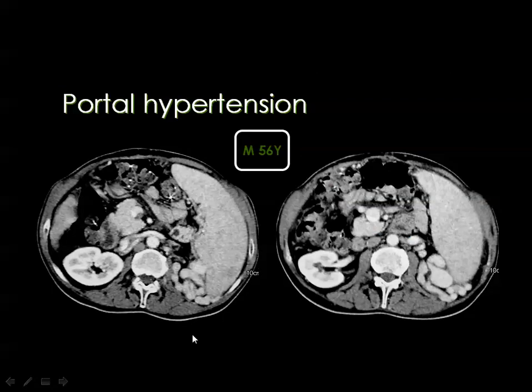But in imaging, in patients with portal hypertension, you can see multiple dilated tortuous collateral venous channels around the spleen and at the gastroesophageal junction and also in the abdominal wall.